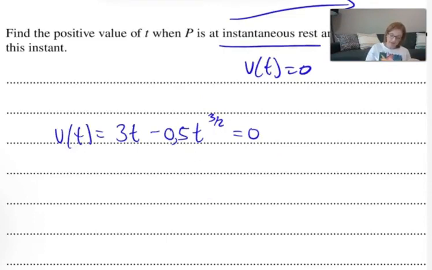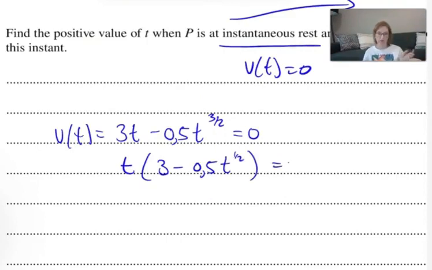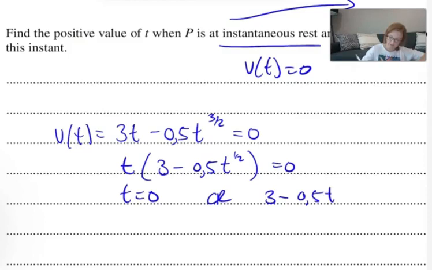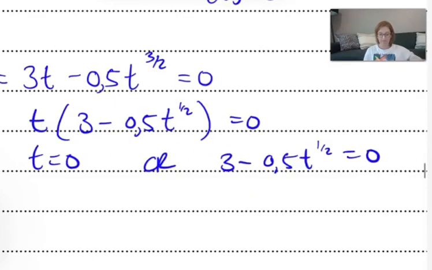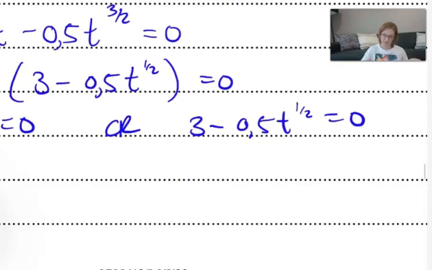All right, so I'm going to take out a t, and over here I'm left with, what, half a t. When I multiply back in, I'm adding my exponent. So 1 plus a half is 1.5. So that's correct. So t is equal to 0, or 3 minus 0.5 t to the power of a half is equal to 0. Okay, so let's just solve this on this side.